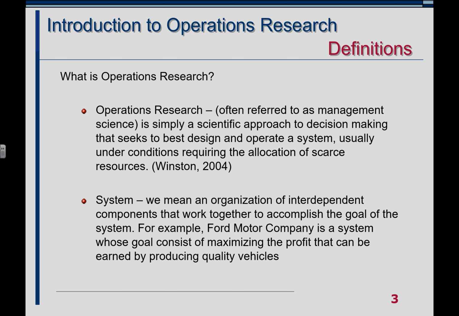So, Ford Motor Company would be a perfect example of where you would use operations research. Imagine everything it takes to build a vehicle, just say in the production line itself. Don't even imagine having to get the ore out of the ground to actually smelt the iron or the aluminum or whatever materials you're using.